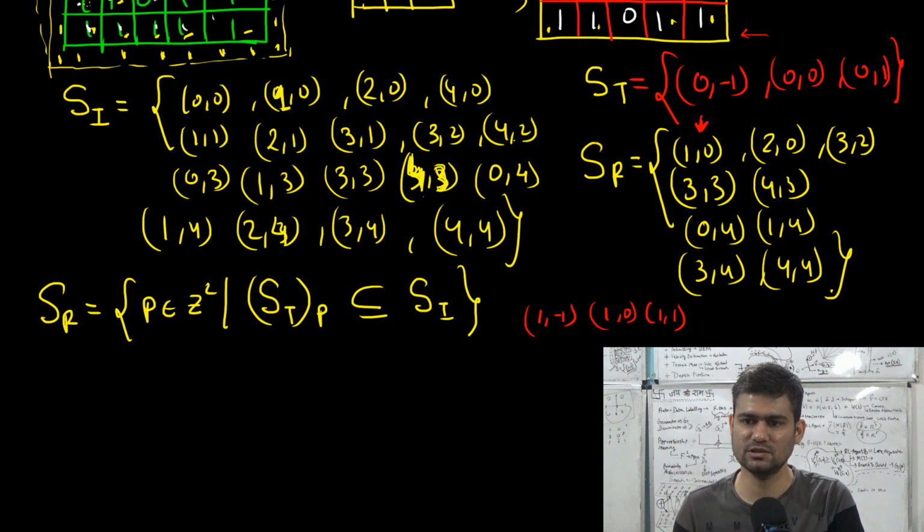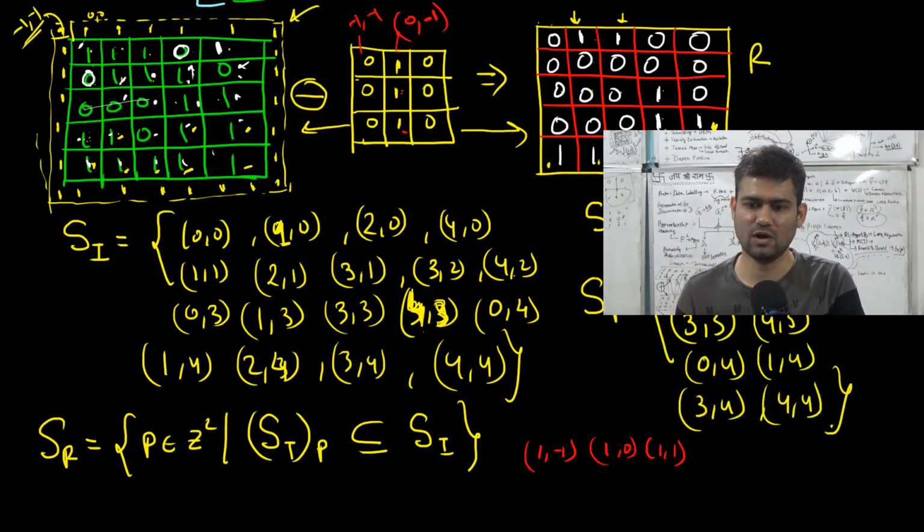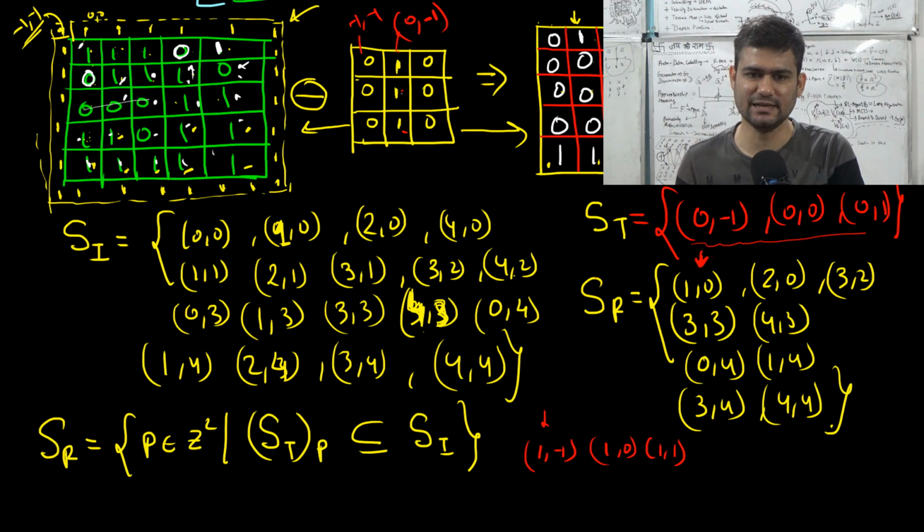We just add 1, 0 to all the elements over here. So we see 1, -1 is a part of set SI. Remember earlier we mentioned that all the negative coordinates are part of the set SI, but we have not written them, otherwise it will become too long. So 1, -1 is a part of this set because we appended a row and column. So this checks out.